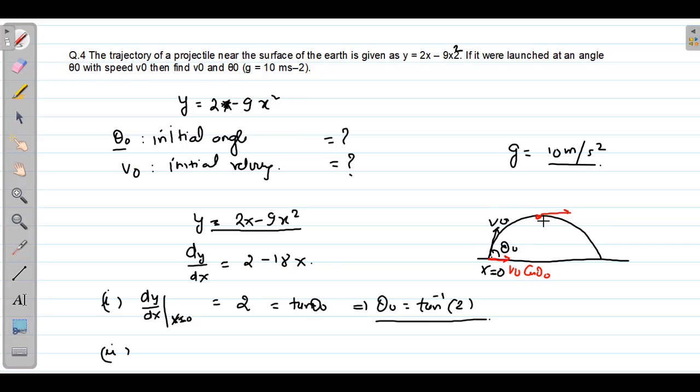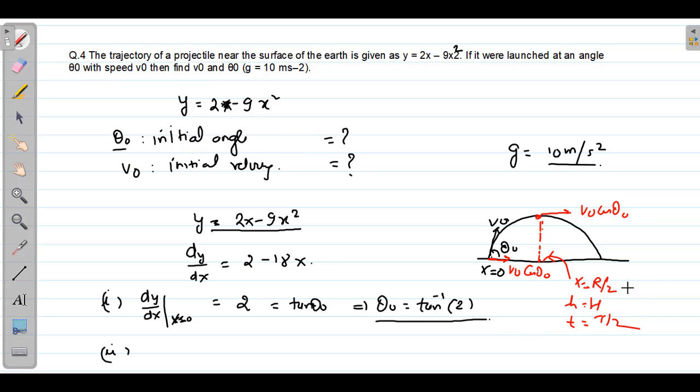So the only velocity at the highest point is v0 cos theta 0 along the horizontal direction. That means it is the slope on the curve at the highest position, and the highest position is achieved at x equal to R by 2, or we can say h equal to capital H, or t equal to capital T by 2.